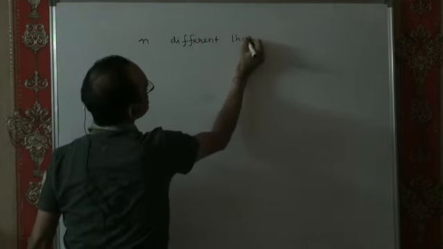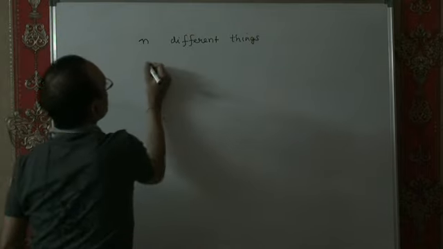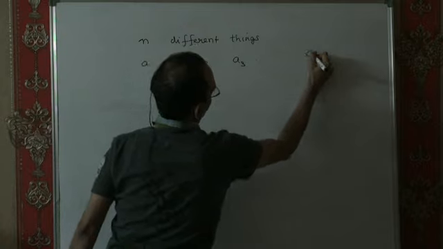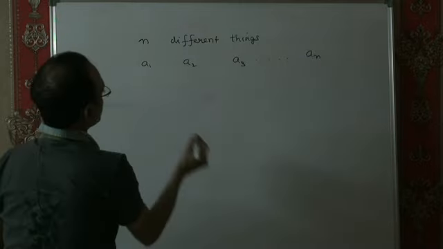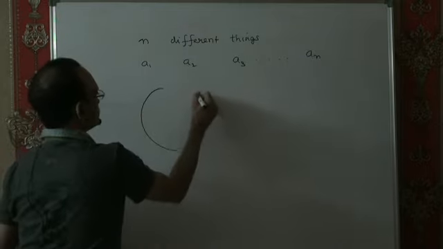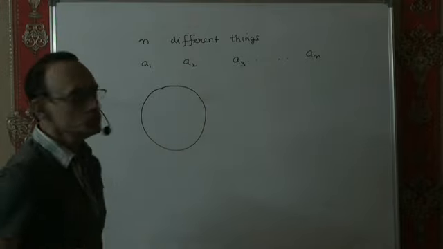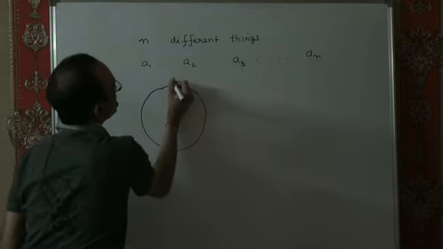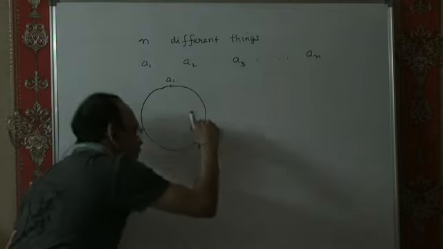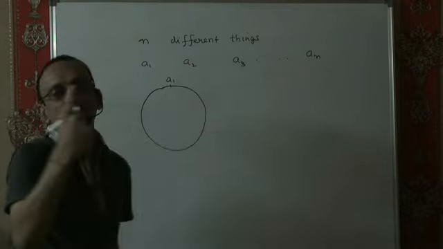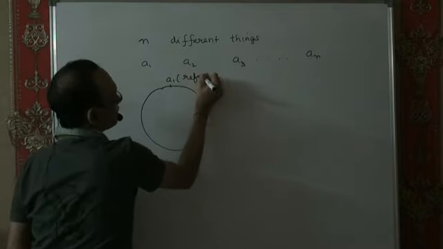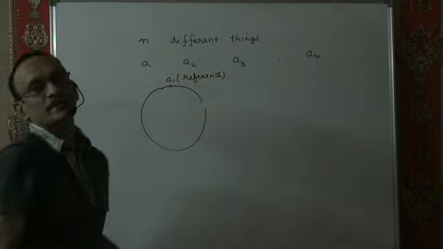N different things, say A1, A2, A3, AN were n different things, and I had to arrange them in a circle. Then what is it that I do? I fix one position for A1. There is only one way I can fix a position for A1, because all these positions on the circle would be deemed the same when there is nothing on the circle. So I fix a reference point. One of them becomes a reference point.